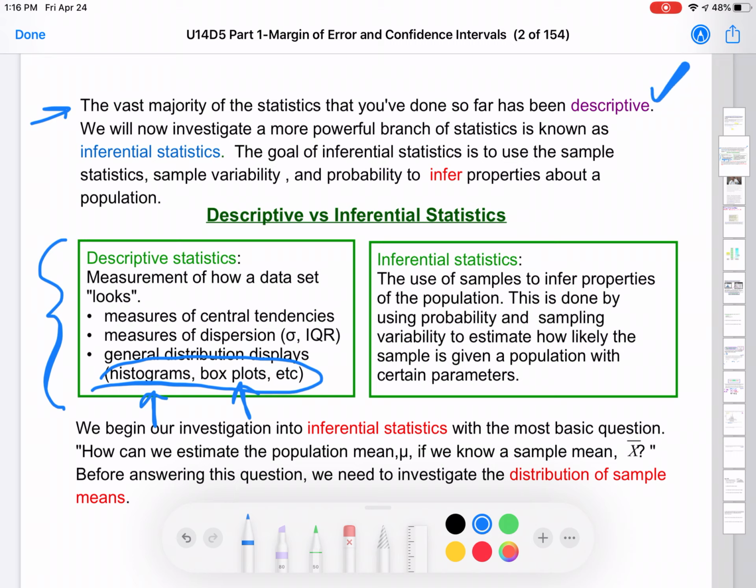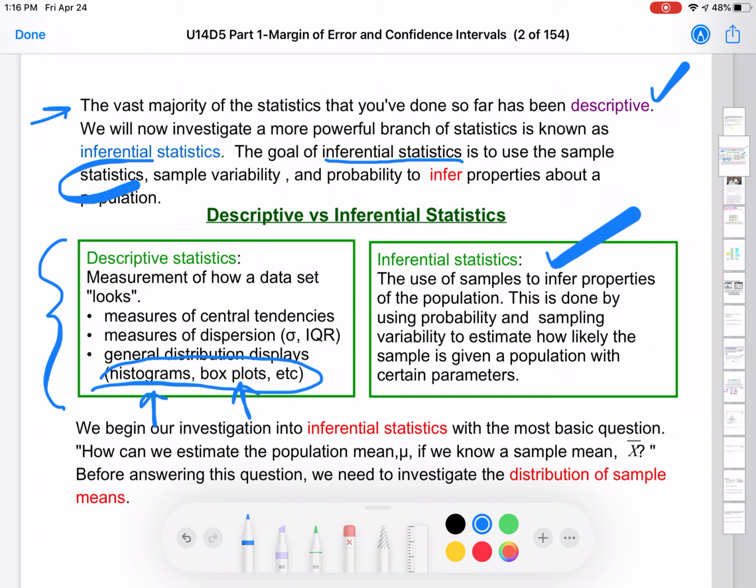So it says we will now investigate a more powerful branch of statistics known as inferential. The goal of inferential statistics is to use the sample, and that's what's going to be big here. We can use samples to infer, to predict what we think the real true population would be.